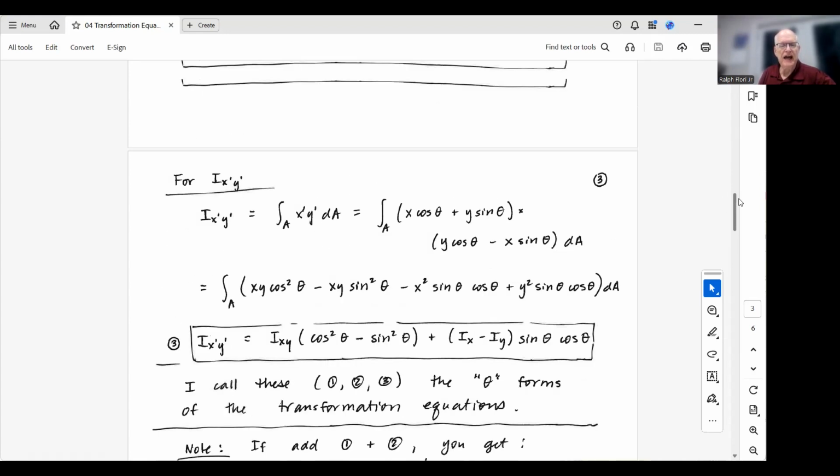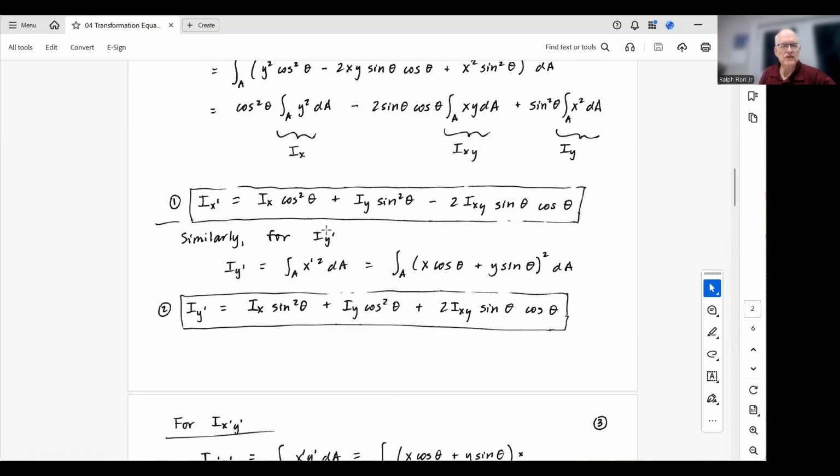If you actually add equations 1 and 2 together, you get Ix times cosine squared plus sine squared, plus Iy times sine squared plus cosine squared, a minus 2 Ixy sine theta cosine theta plus a positive 2 Ixy sine theta cosine theta. So these cancel one another. The sine squared plus cosine squared is 1.